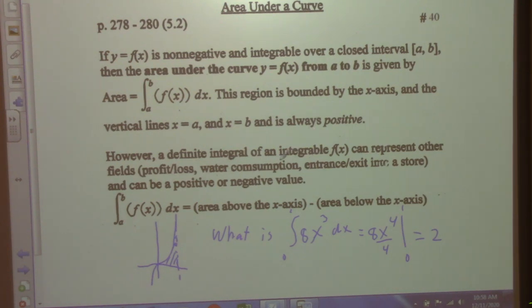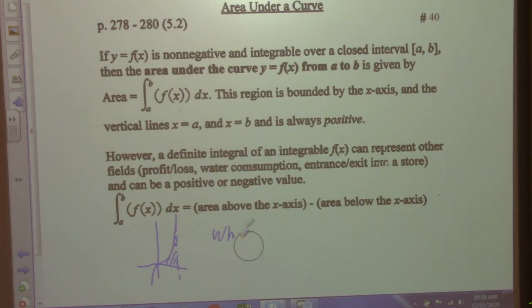But the definite integral of f of x can represent other things: profit, loss, water consumption, entrance and exit into a store, and can be positive or negative. Where do we have negative? If the area is below the x-axis.